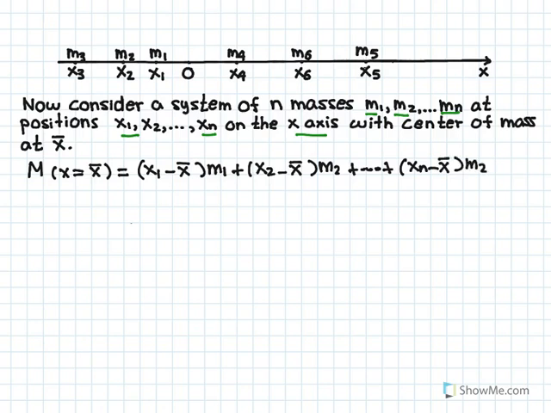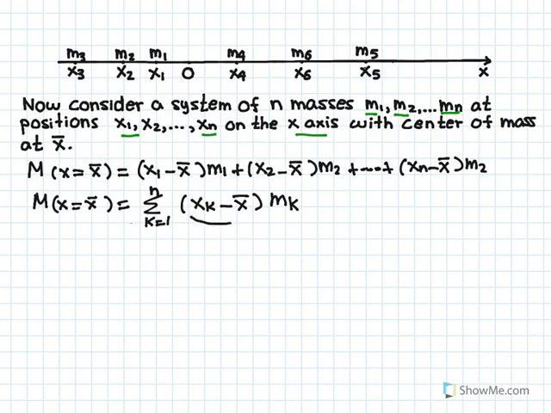And of course, we're just adding up these moments, mass times distance. We can write this in summation notation. The moment about x equals x bar is equal to the summation k goes from 1 to n of xk minus x bar times mk. So we're looking at a product of the moments.